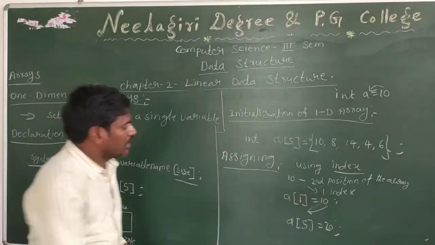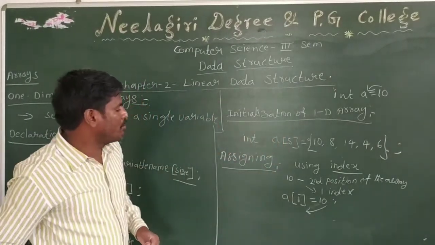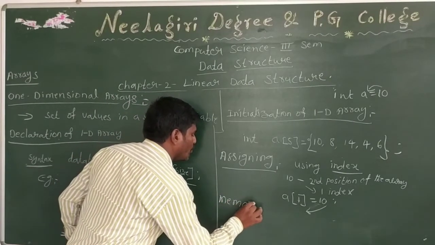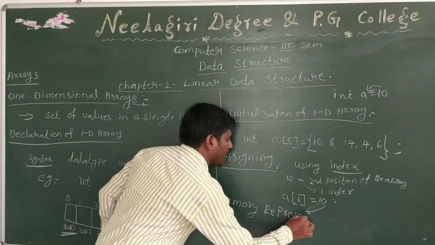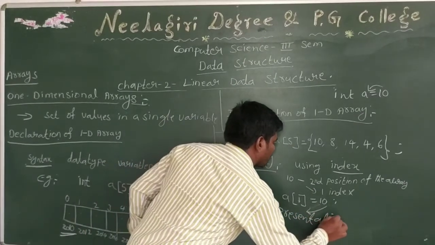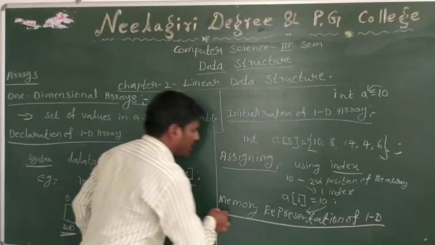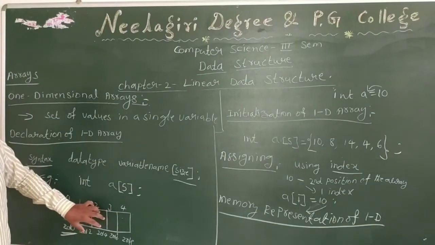So, to know that, we have discussed a concept called the memory representation of an array. We have discussed this for a 1D array. So in a one dimensional array, how memory is represented, we will discuss now.